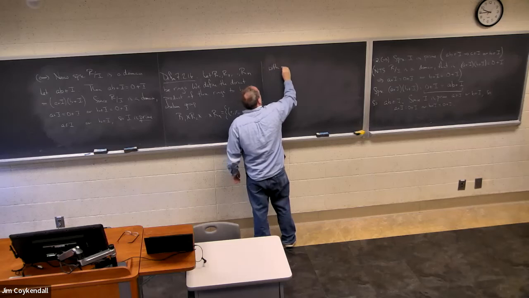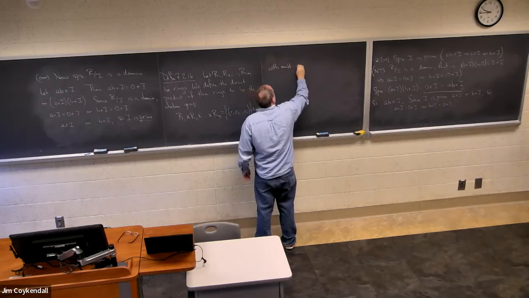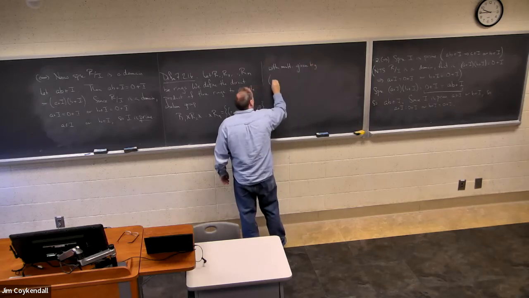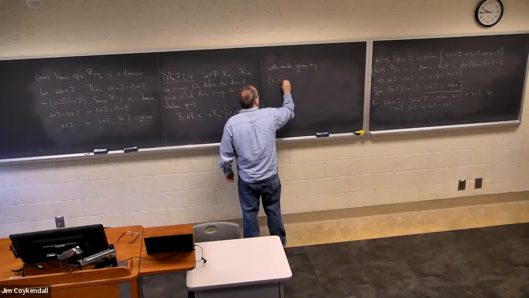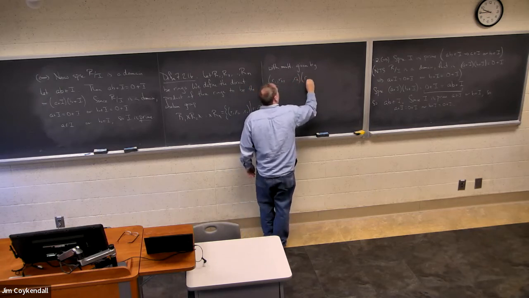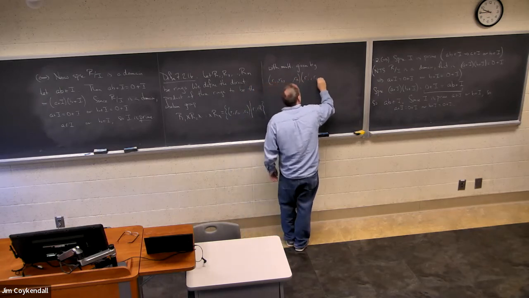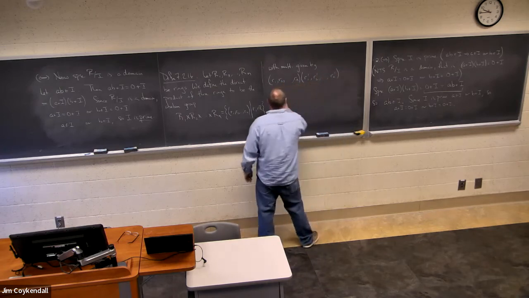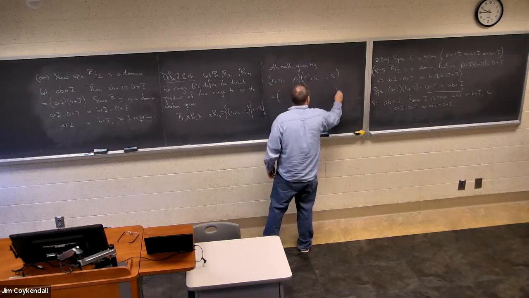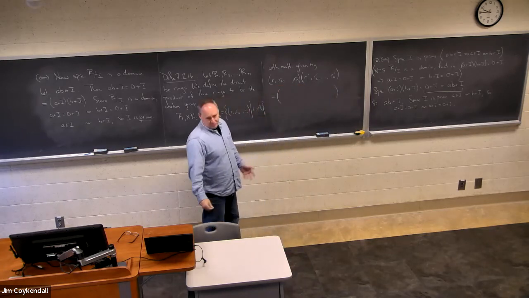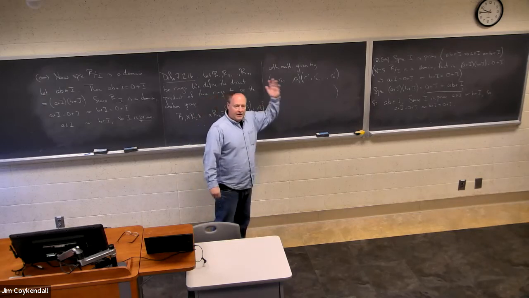We have multiplication given by (R1, R2, ..., Rn) times (R1 prime, R2 prime, ..., Rn prime). Well, guess what? I need a new n-tuple, something with n entries.